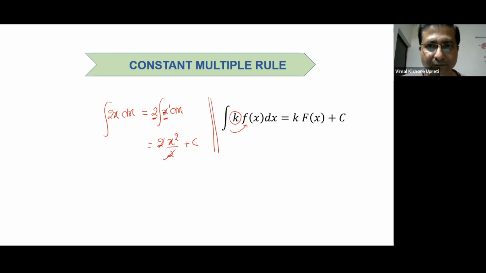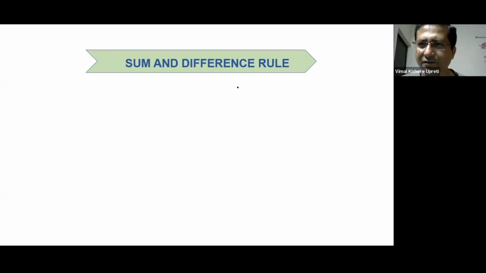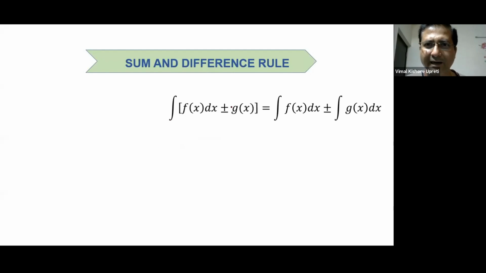This is the rule. Now the sum and difference rule. Same as differentiation, if two functions are added or subtracted, we will integrate them individually, and whatever sign is in between, that sign should be placed here. For example, sin 2x minus x cube, or let it be 4x cube.